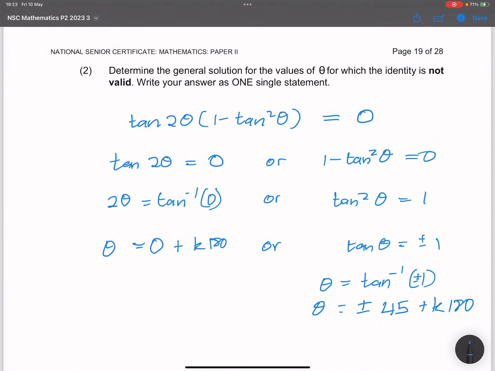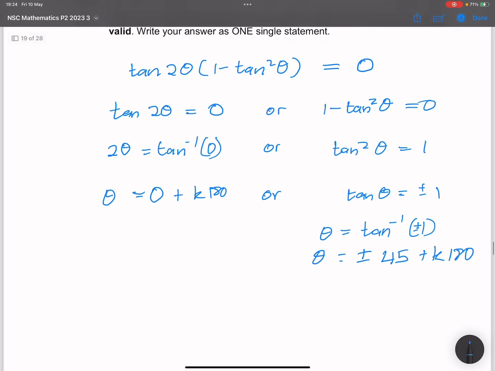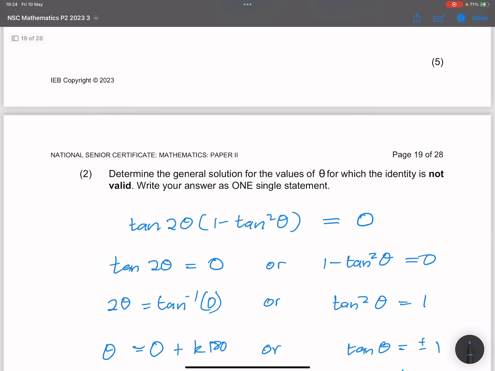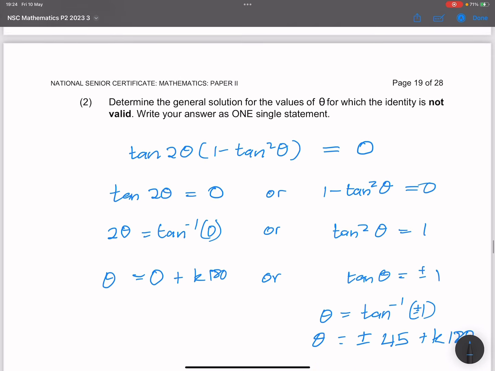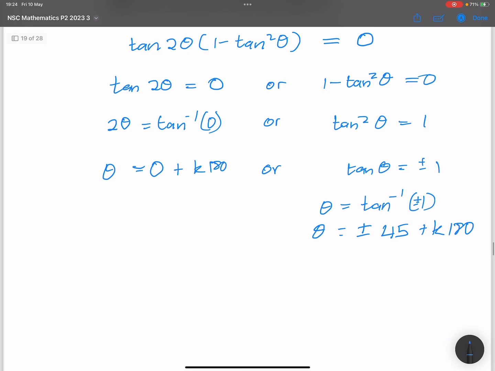Now please note, ladies and gents, did they give us a restriction there? They said determine the general solution, so that would be the general solution, where k is an element of integers. They said we must give the answers as one single statement.